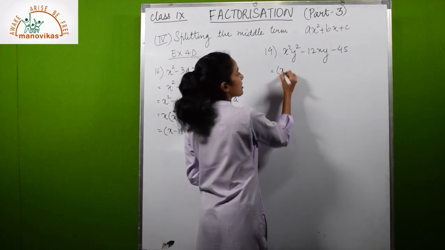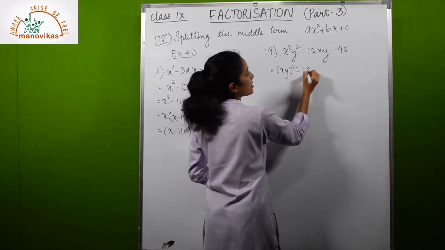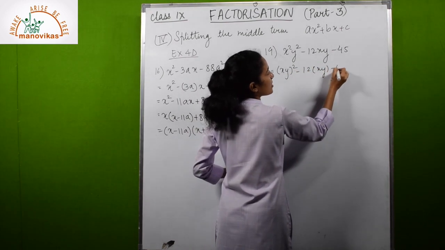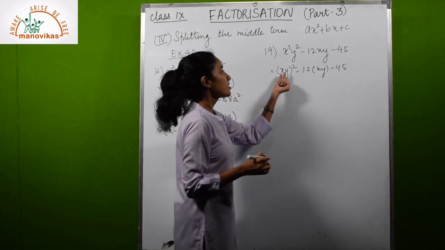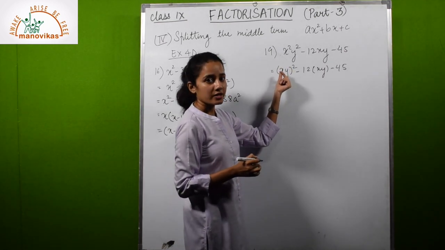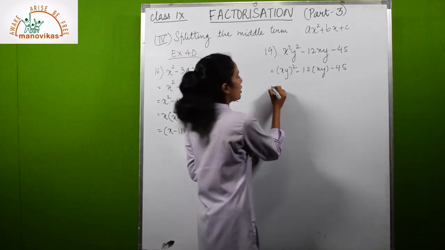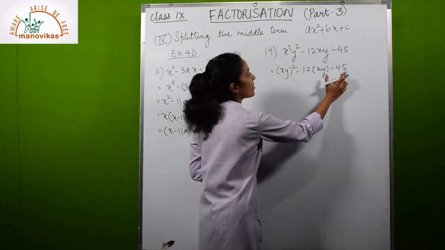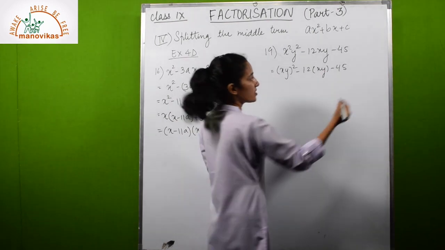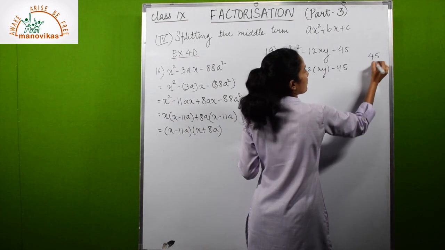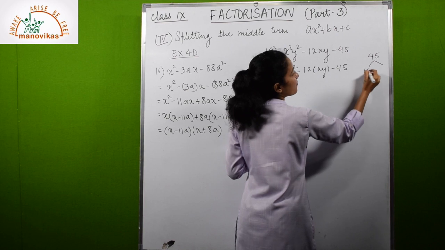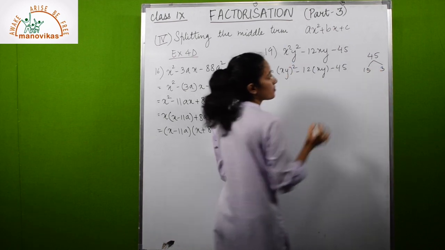So I can write it as xy the whole square minus 12xy minus 45. If we consider xy as one term, you have it in the standard trinomial form. So now you have to find the factors of 45 into 1, which is 45 itself, and the factors of this are 15 and 3.